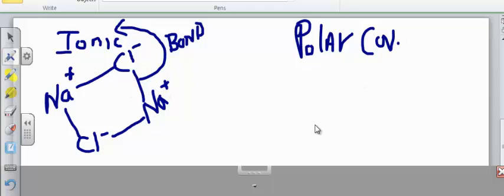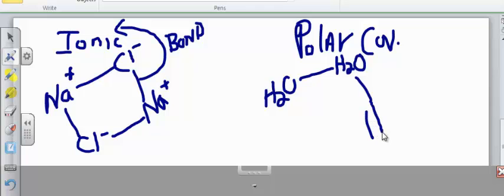Now if we come over to polar covalent, if we think about water, this is what's going to be different. The points on the lattices, or on the edges of the cube, the Lincoln logs, however you want to think of it, are going to be water molecules, which is a polar molecule. If we haven't differentiated those in class yet, we'll do that the next time that I see you.